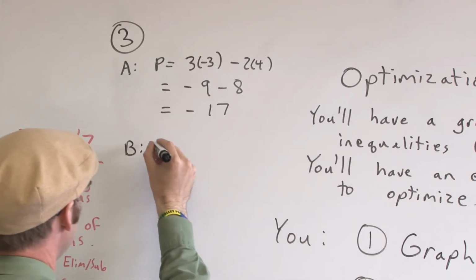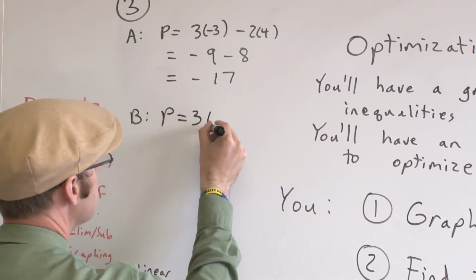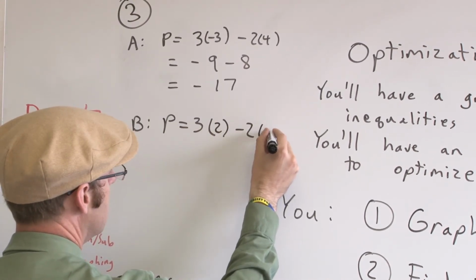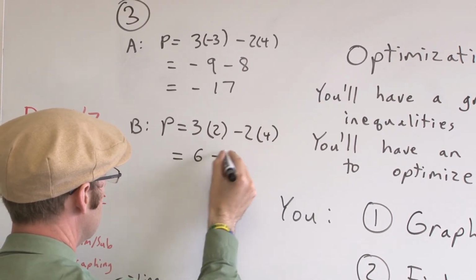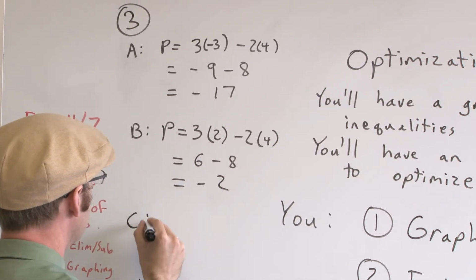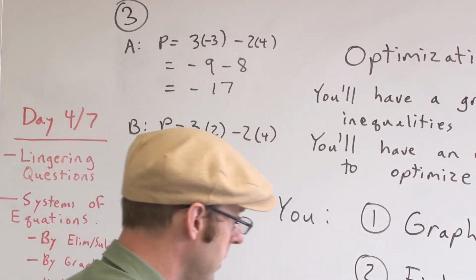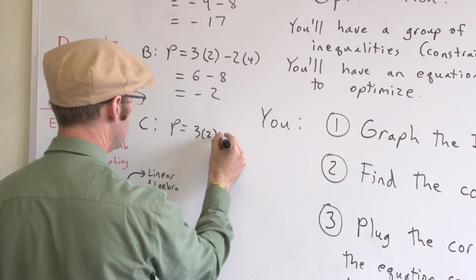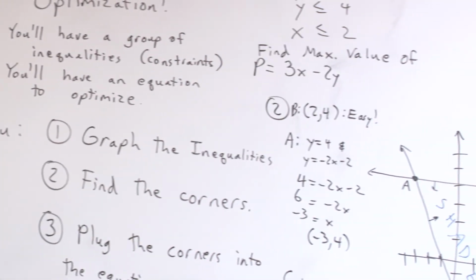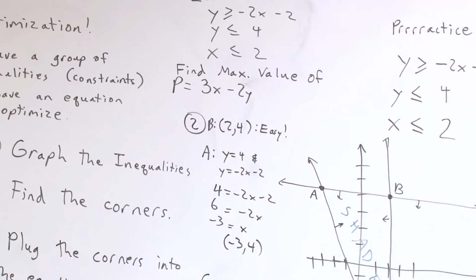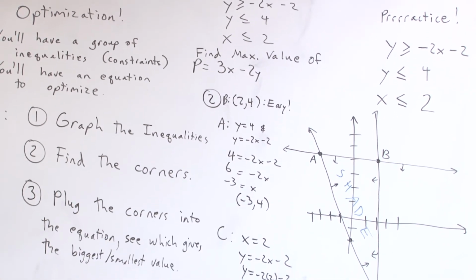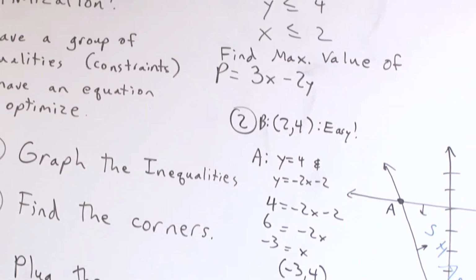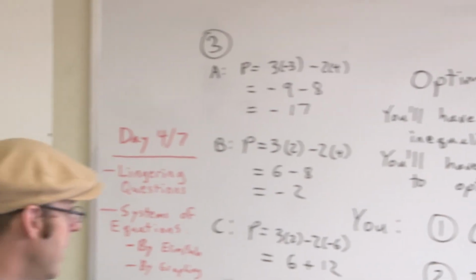If I plug in point B, I get -2. And if I plug in point C, 2, -6, I get 18. So A gives me my minimum for that function, and C gives me my maximum for that function.